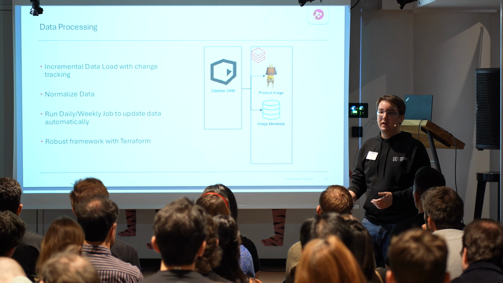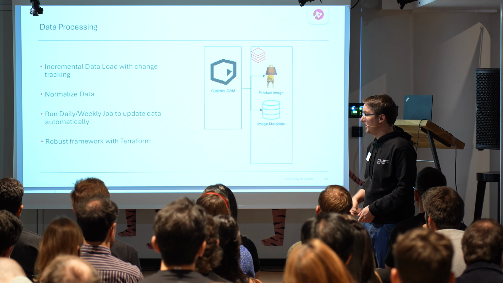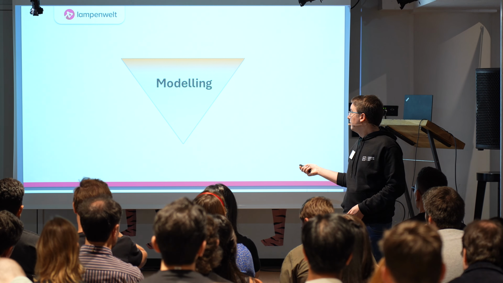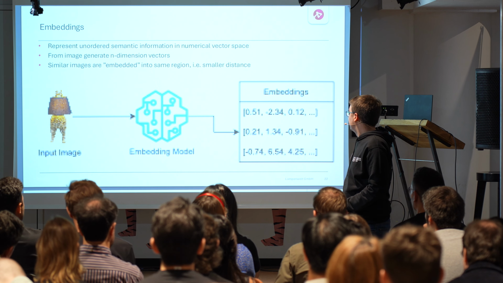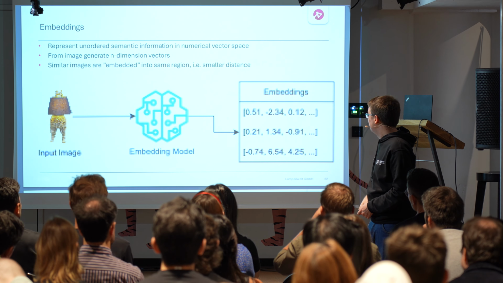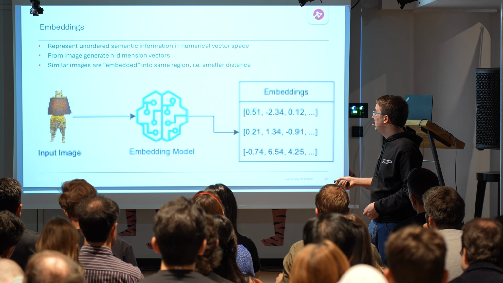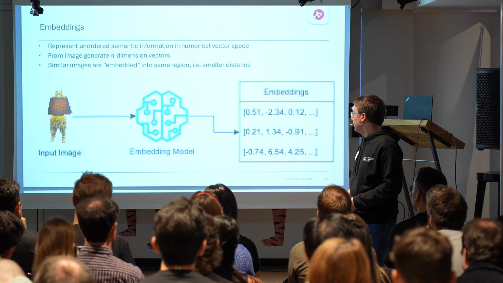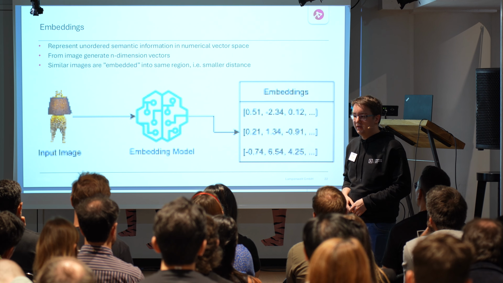So now we have the data, we have the images, what do we do with it? So we said we wanted to use embeddings, and this is what we do. Just a short reminder on what embeddings do. We have an input image, we put it into a model, in this case a neural network of some kind. We use Google GCP for that.